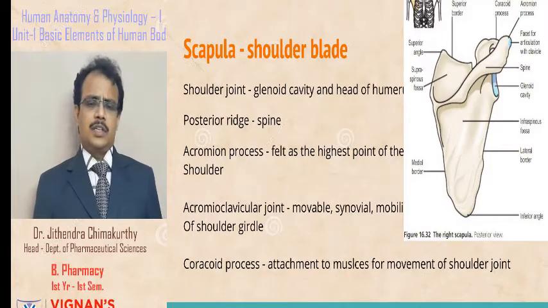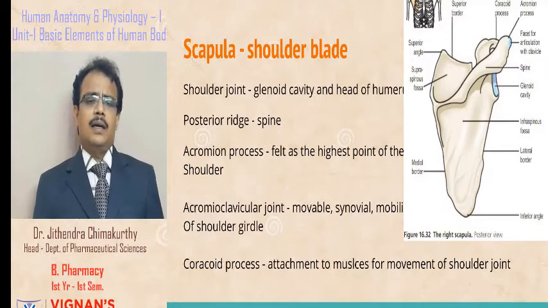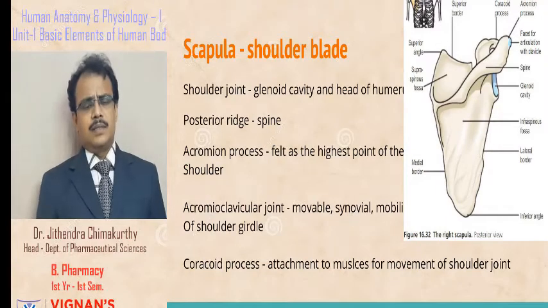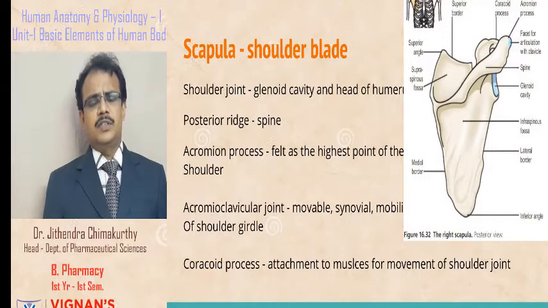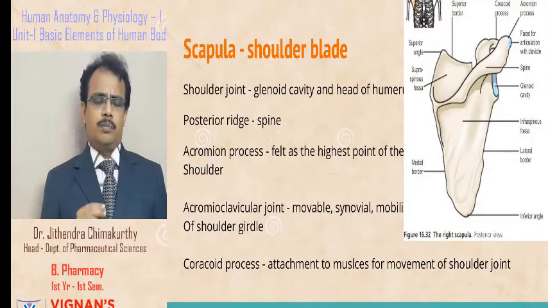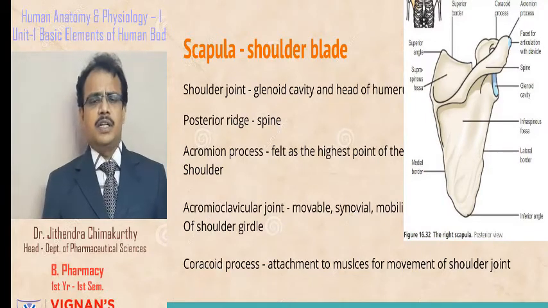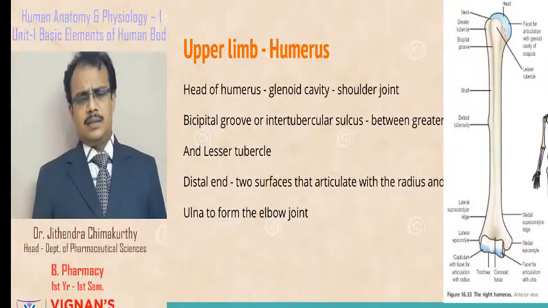Above this glenoid cavity is the coracoid process which gives attachment to the muscles, and at the end of the spine we have a prominence which lies above, called the acromion process, which forms an acromioclavicular joint with the clavicle.